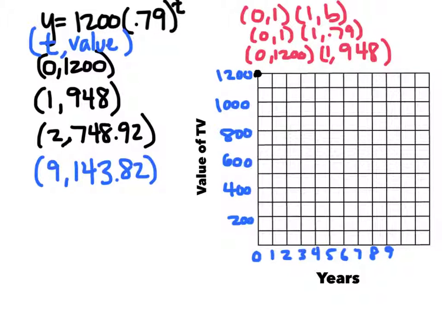So now I've got enough points to draw a curve and estimate when it will be worth $300. So 0, 1200, 1, 948, 2, 748, and after 9 I'm down here at 143. I'm going to draw a smooth curve through those.